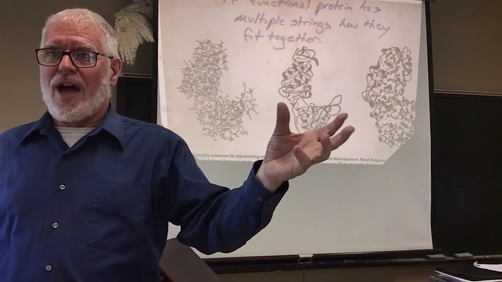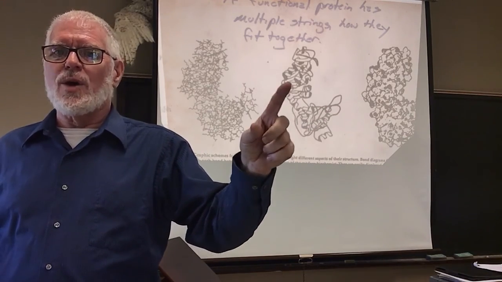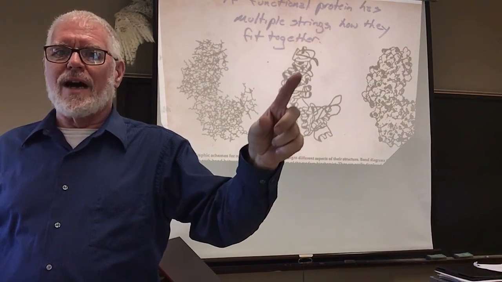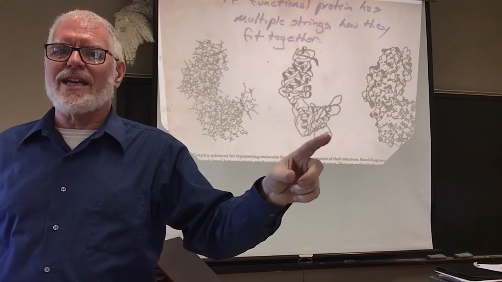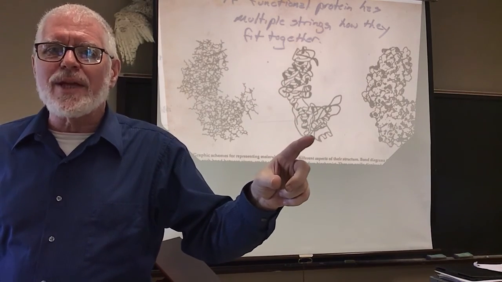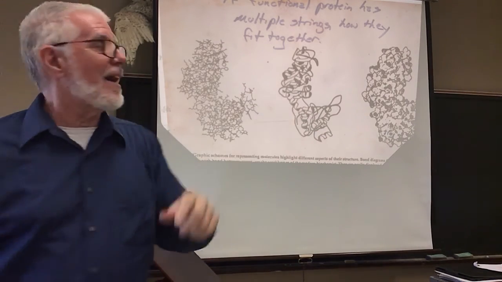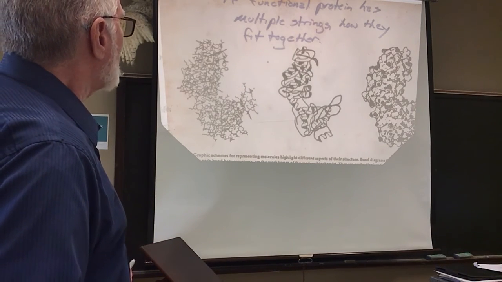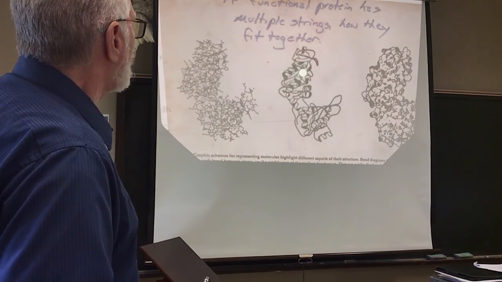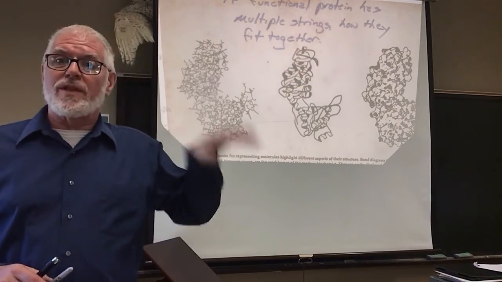This is simplifying the structure to show the helix formations, the secondary structure, and in some places there'll be a flat arrow, and a flat arrow right there too is supposed to be one of those pleated sheets.